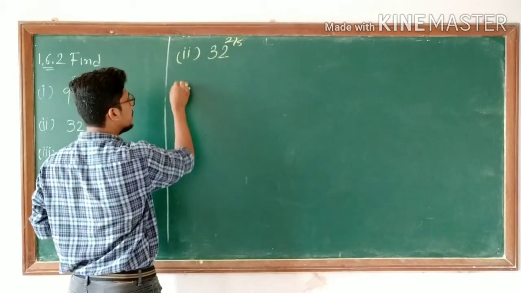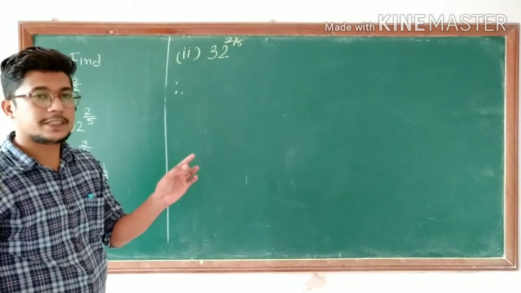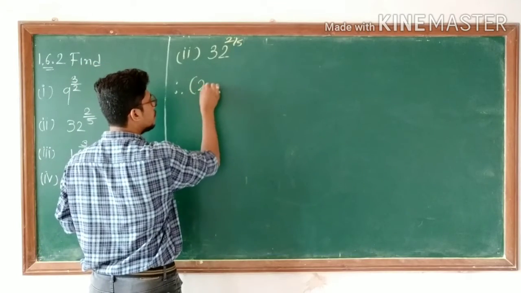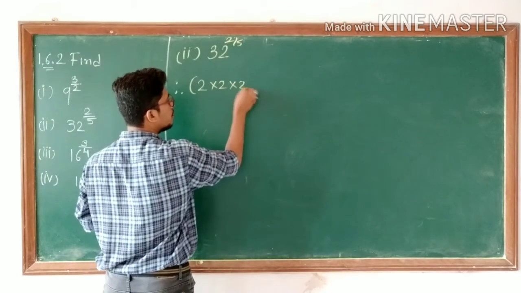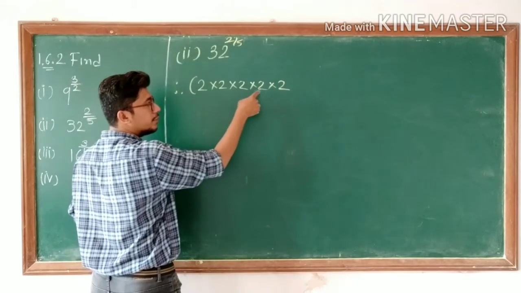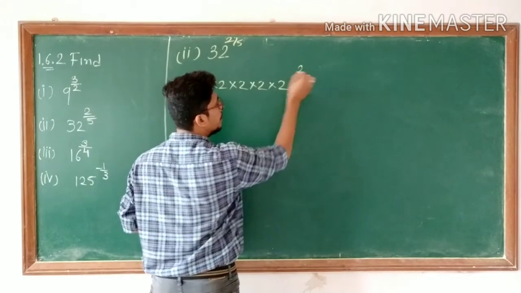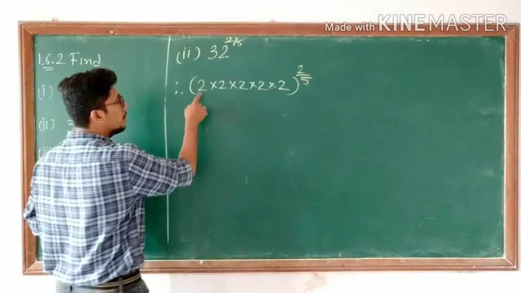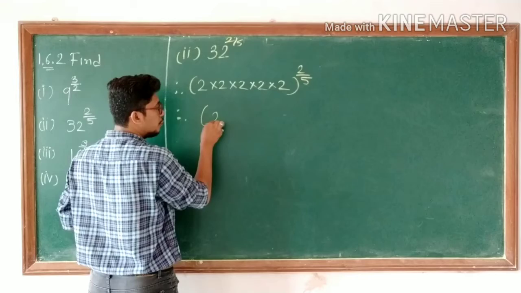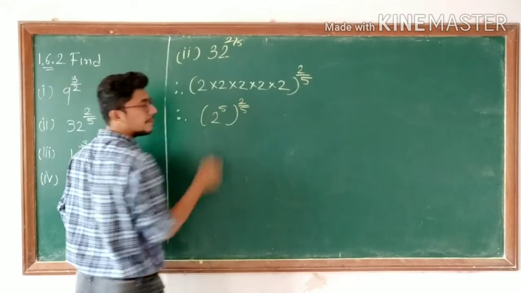Now 32, can we write 32 as 2 into 2 into 2 into 2 into 2? 2 to the 4 to the 8 to the 16 to the 32. 1, 2, 3, 4, 5. Can we write this as 2 to the power of 5, to the power of 2 upon 5?